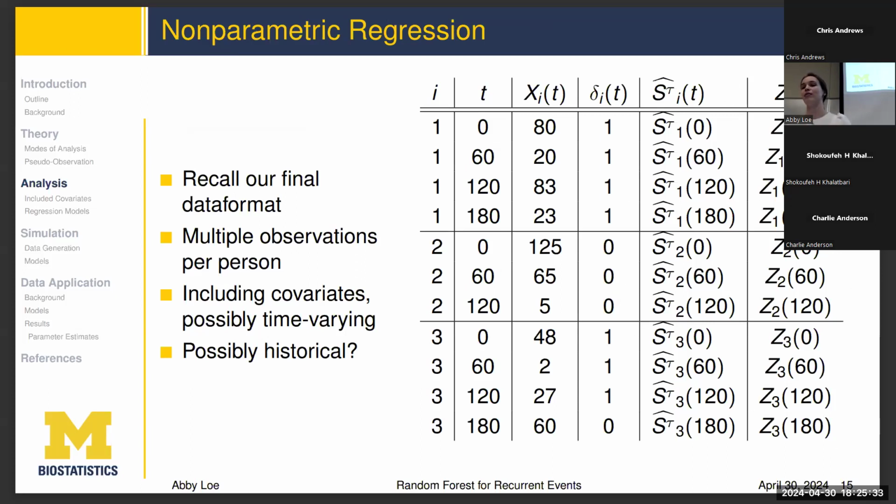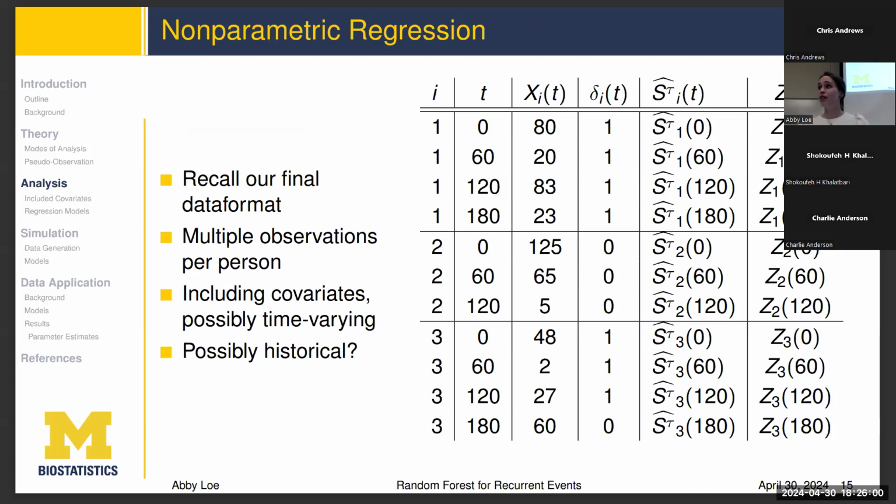And now we're going to think about recording some covariates at every time point. This is really nice because if you go into the doctor every 60 days because you're on a clinical trial or you're really sick, we can record your blood pressure at different time points. We can record your weight. We can record all kinds of things about our patients, and we can see how these covariates vary over time and how they're related to our recurrent event-free survival probabilities.